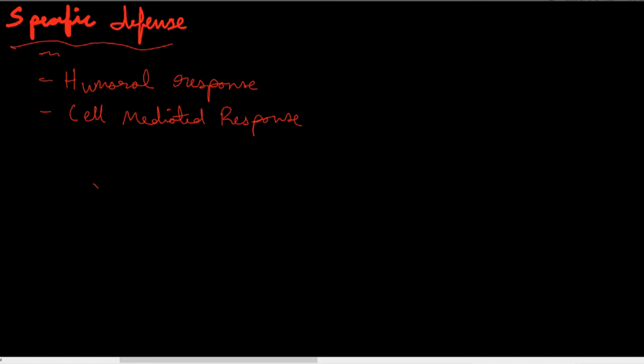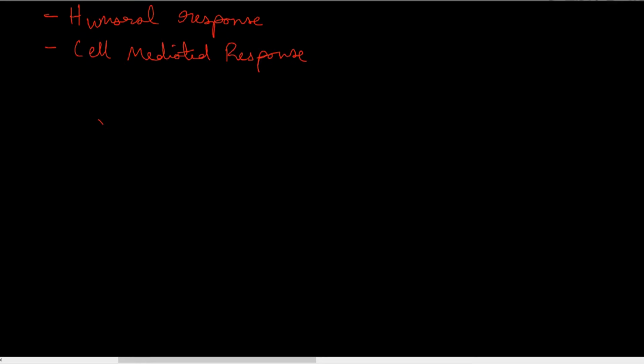First, we should talk about the humoral response. The humoral response is a little more complicated, but it's also not that complicated in a sense. Humor, like the humors of the body, refers to the fluid.